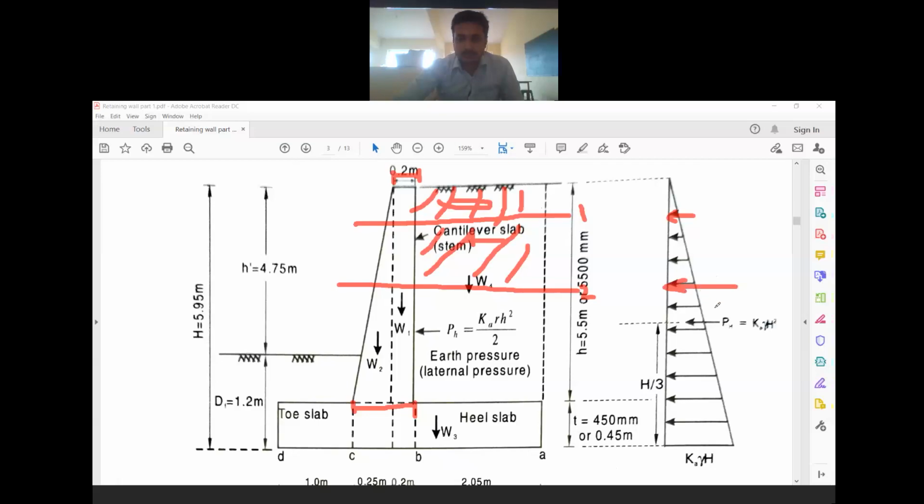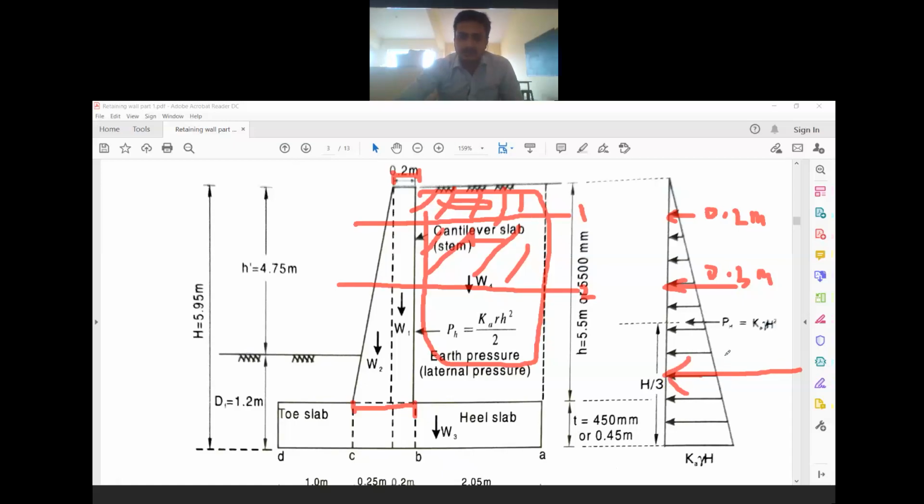When I do the calculation for the thickness of the stem, since the height is lesser here, I will get the thickness, say for example, 0.2 for this height, and for this here I will get 0.3 meter. At the base, all this weight is going to be acting on the retaining wall, so the pressure will be very high. The arrow length is only for indication purposes.